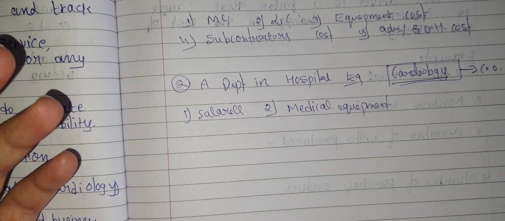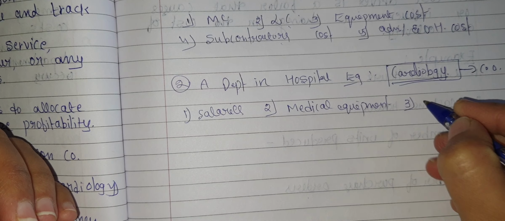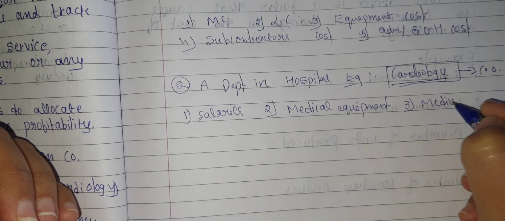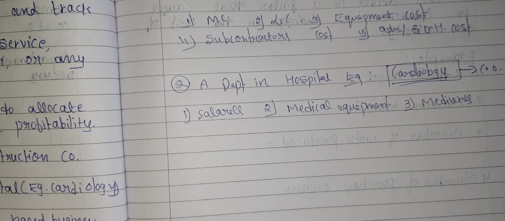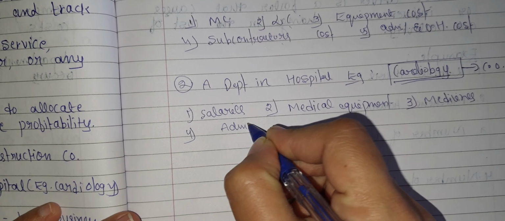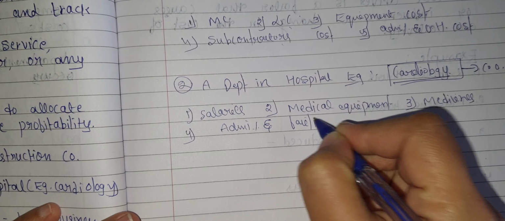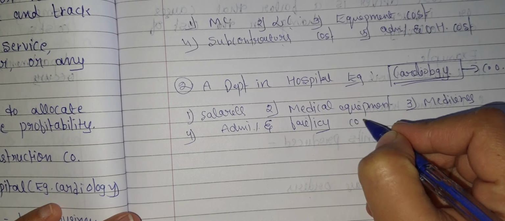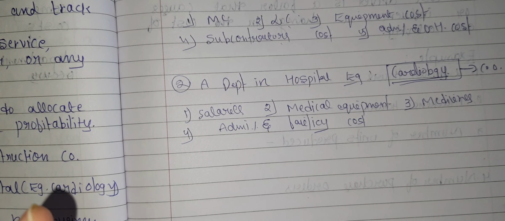Third, medicines and supplies used in heart treatments. Next, administrative and facility cost allocated to the department.